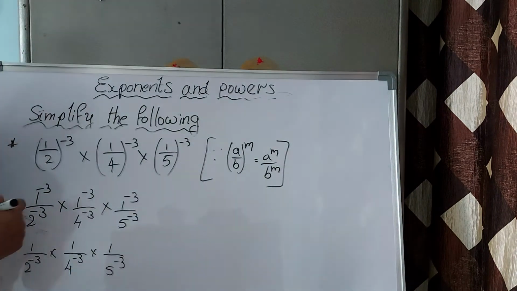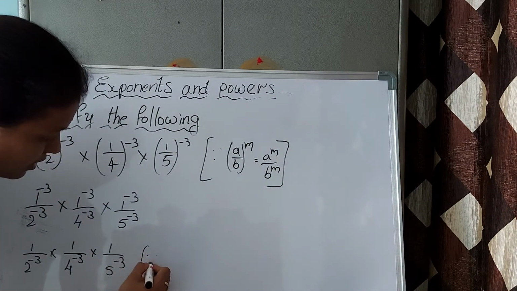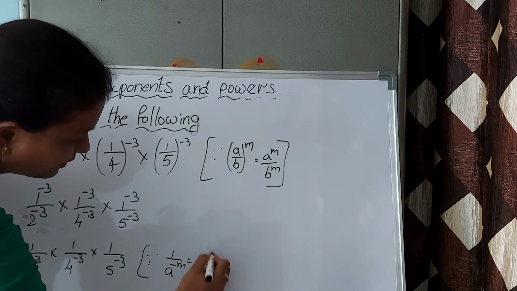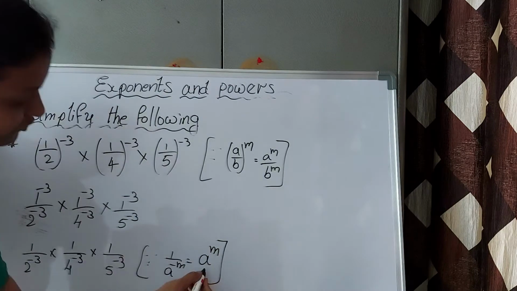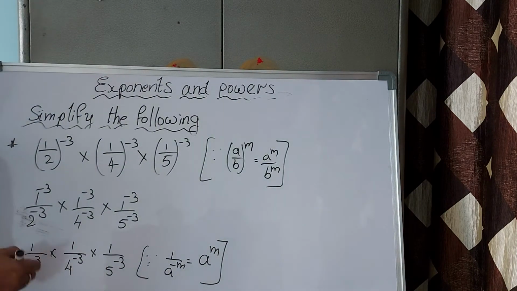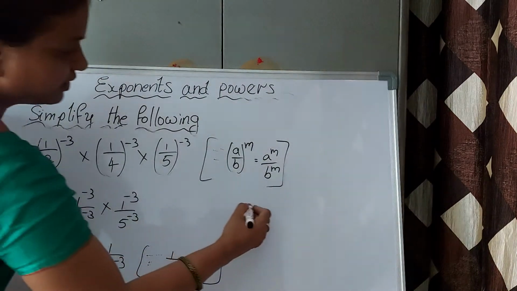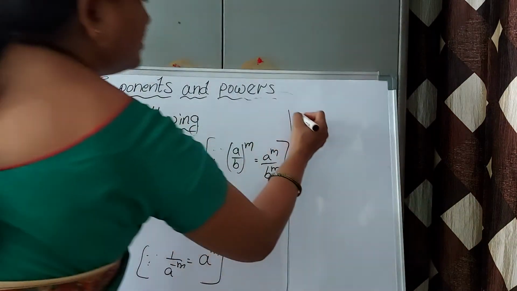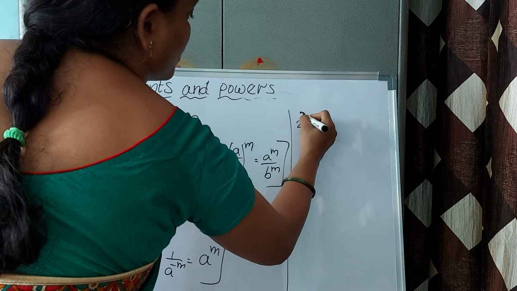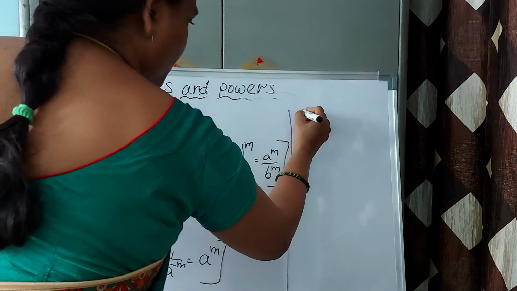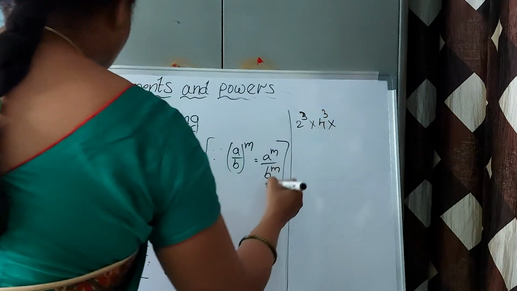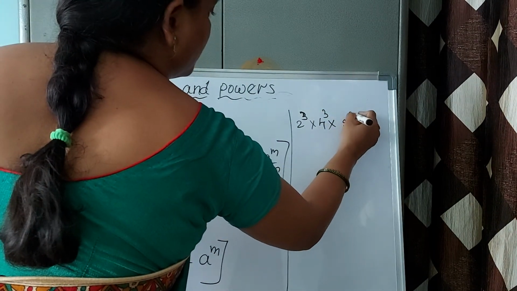See this one: 1 by a power minus m is equal to a power m in the numerator. If it comes to the numerator, it becomes positive. See here, 1 by 2 power minus 3 means 2 cube into 4 cube into 5 cube.